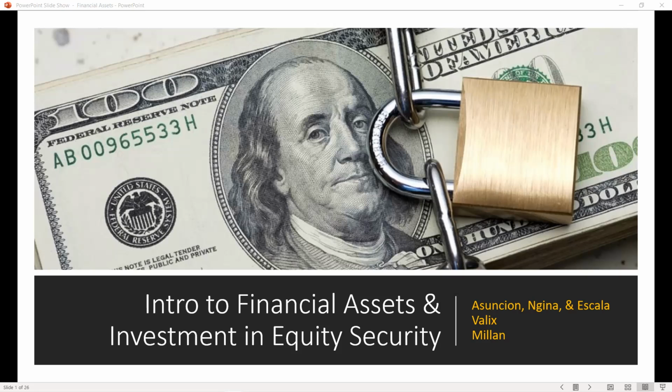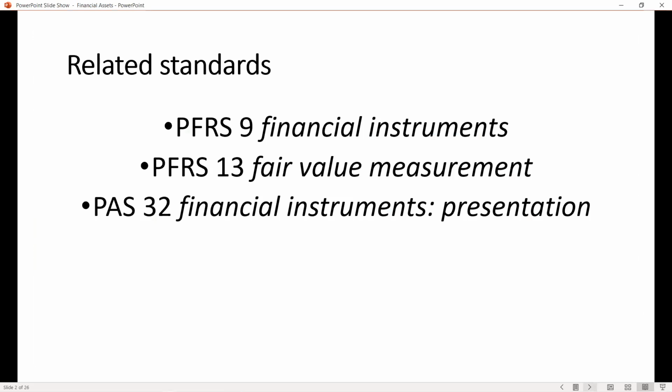So first is the introduction to a financial asset. But before we dig deeper into how these financial assets are measured and the theoretical aspect of these, let us first identify what are those related standards that are connected with this.